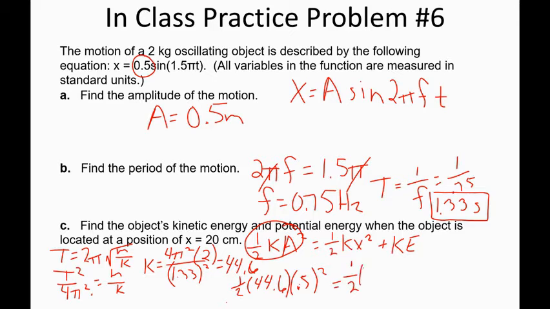My k value is 44.6. And my x value in this case is going to be 0.2 meters squared plus kinetic energy. So I end up getting that my potential energy is going to be equal to 0.892.